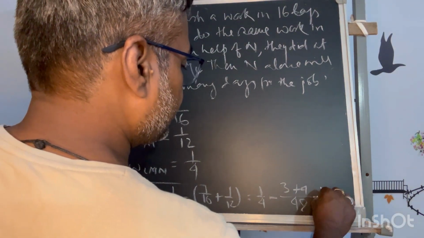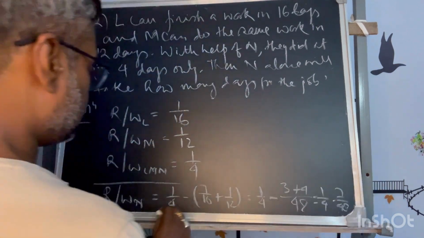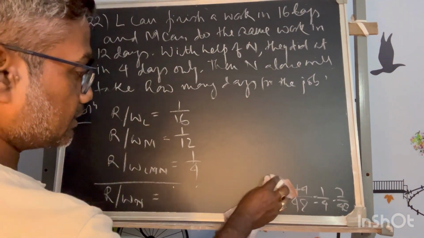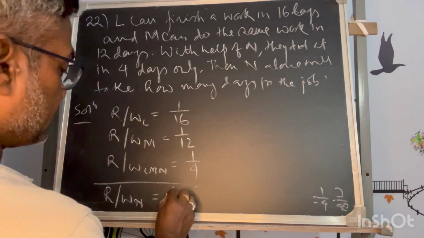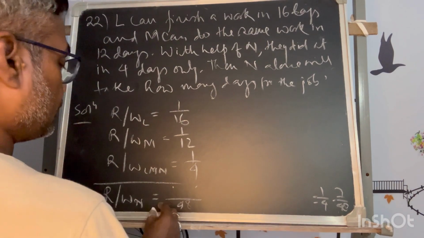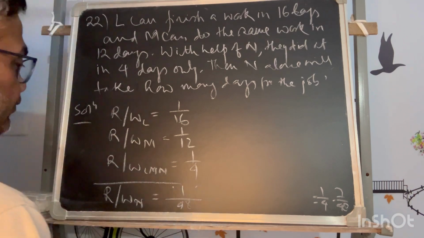So 1 by 4 minus 7 by 48. What will be the result then? With the LCM 48, 12 minus 7 is 5. So 1 by 48.